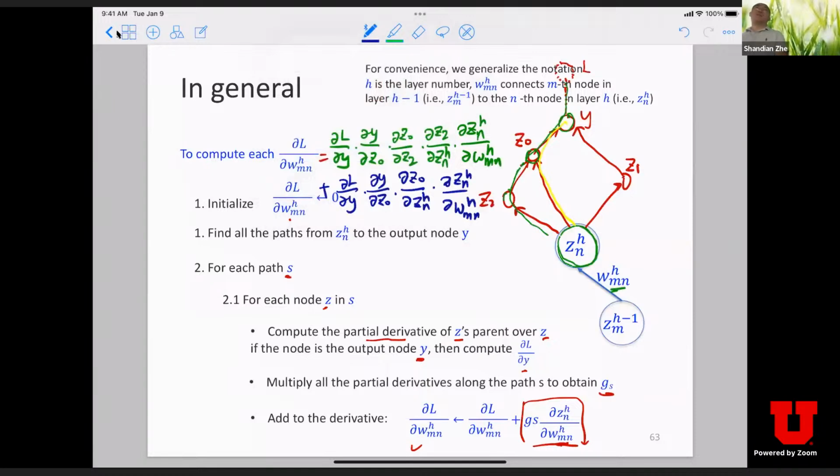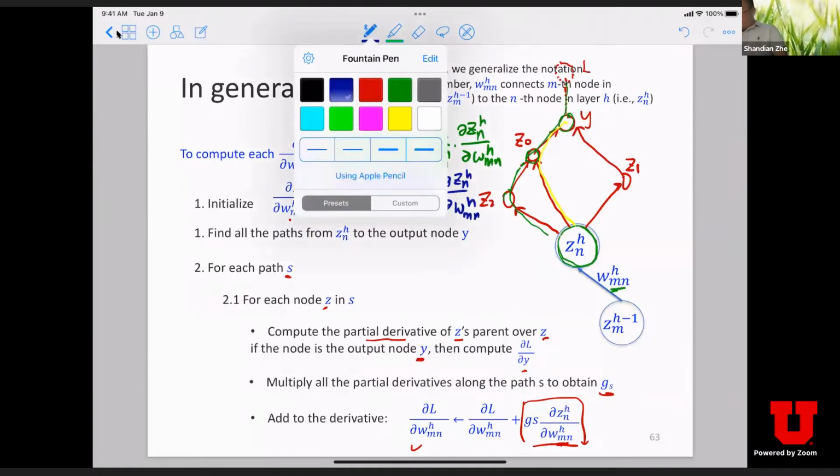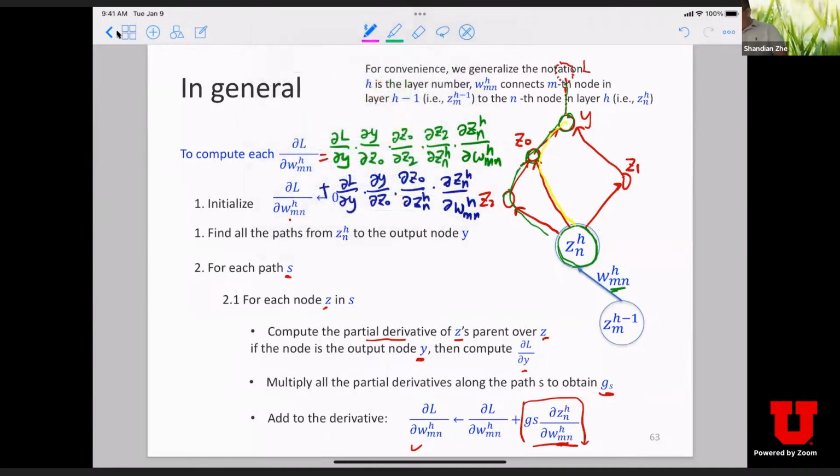Again, we just multiply the partial derivatives along that path. But that's not yet finished because we have a third path, which is Y, Z1, and ZNH. But we follow pretty much the same computation. We start with partial L over partial Y when starting from the output neuron. Then we go to Z1, then we compute the partial of the parent, which is Y over partial Z1.